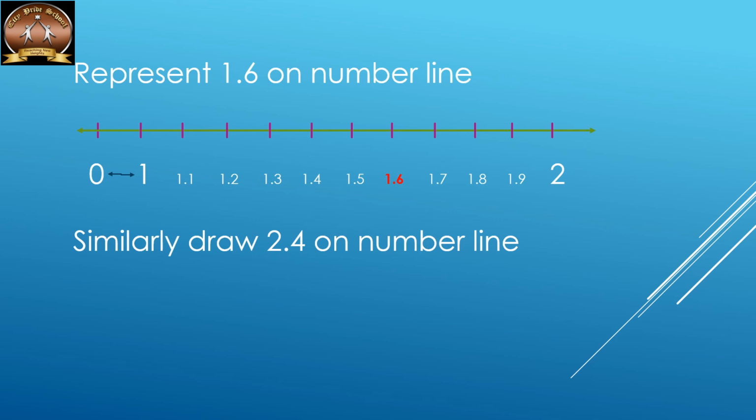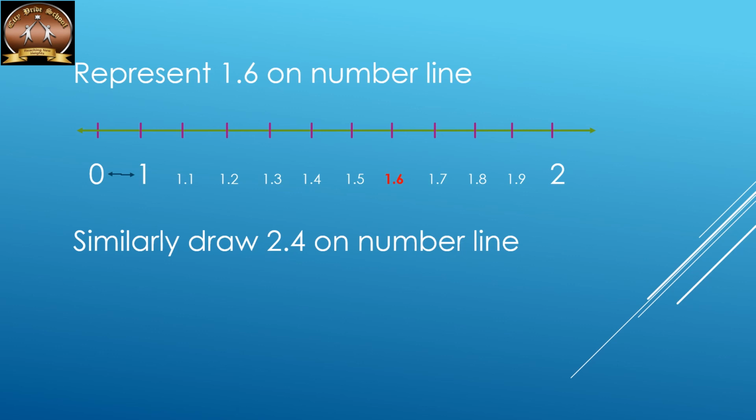So the first becomes 1.1, 1.2, 1.3, fourth is 1.4, then 1.5, and then our required one is 1.6. Just to avoid mistakes, students, I would appreciate it if in the beginning you write all the decimals in between.